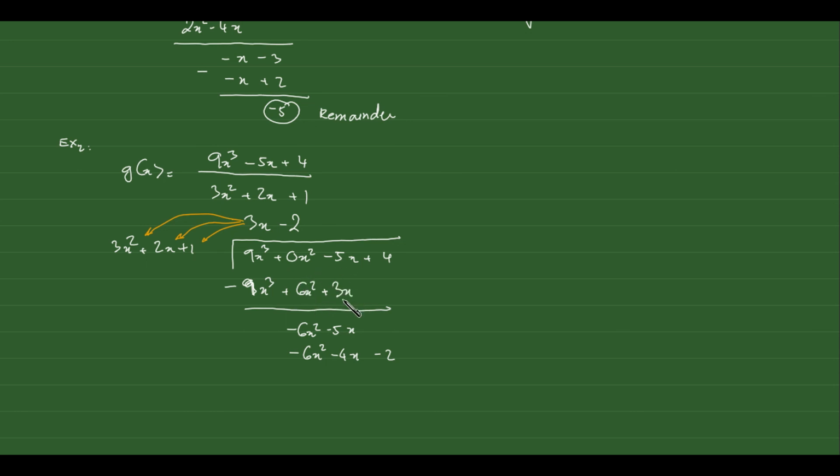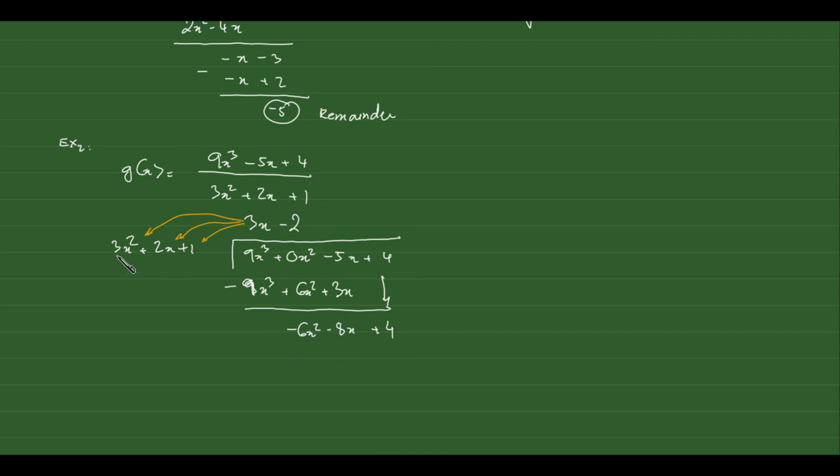Now we do the subtraction, which gives you negative 6x squared minus 5x... Then you drop this down, and go to that.